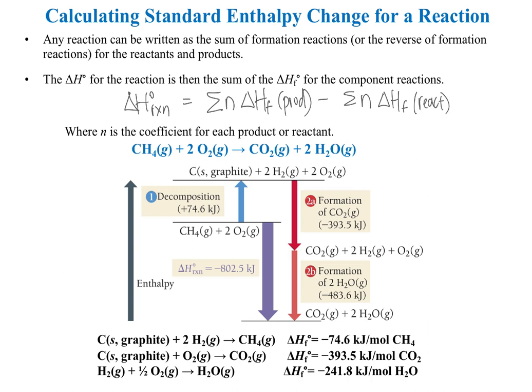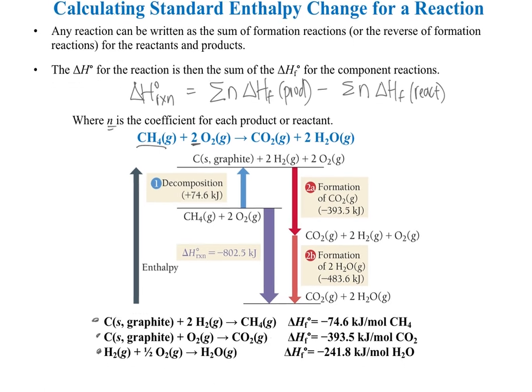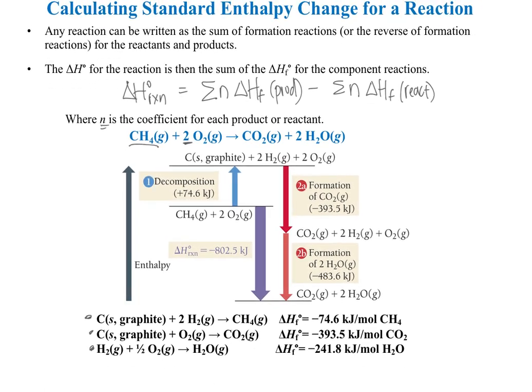So here I have, again, N is a coefficient in front of the chemical reaction, like 2 in front of oxygen here. Here I have methane plus 2 oxygen go to CO2 and 2 waters. If I look at forming methane, forming CO2, and forming water, I have these enthalpies of formation. Since methane is a reactant and I'm not forming it, I would want to flip it.